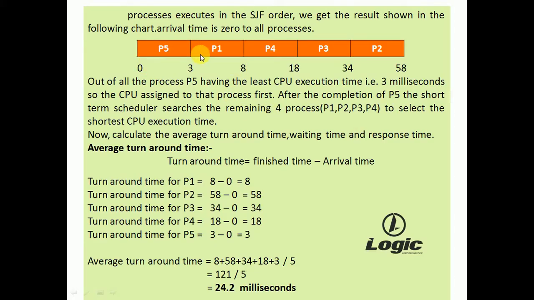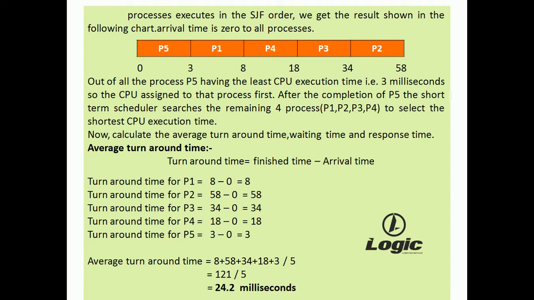Processes execute in shortest job first order. We get the result shown in the following chart. Arrival time is 0 for all processes. Out of all the processes, P5 has the least CPU execution time, that is 3 milliseconds, so the CPU is assigned to that process first.